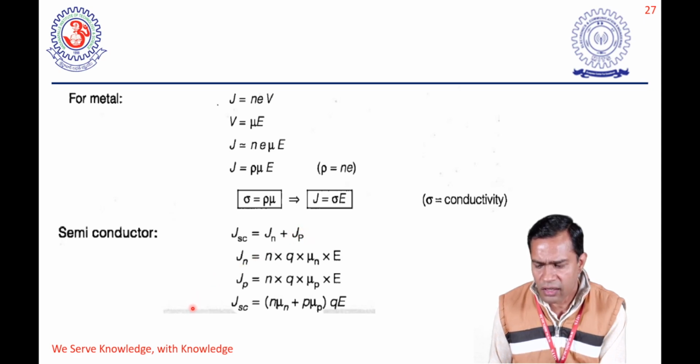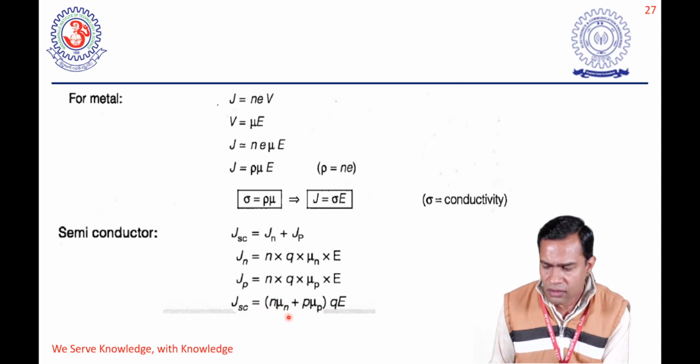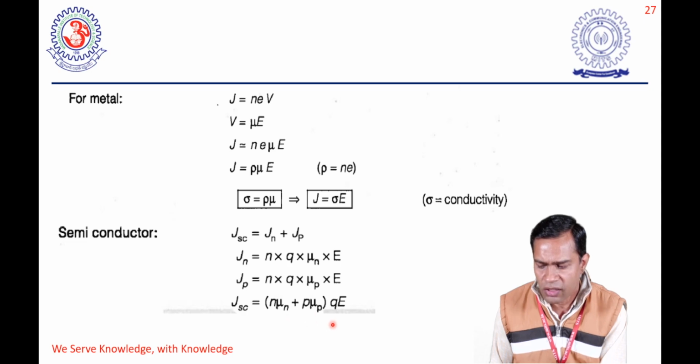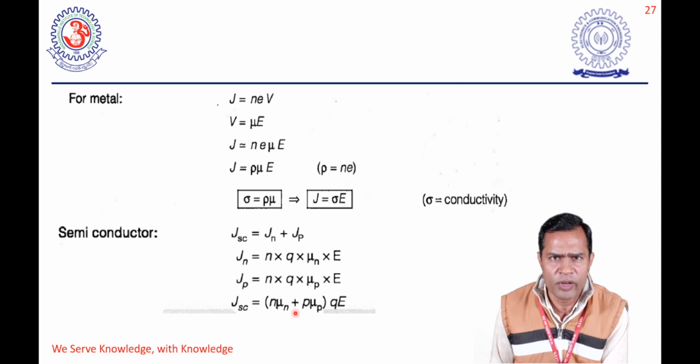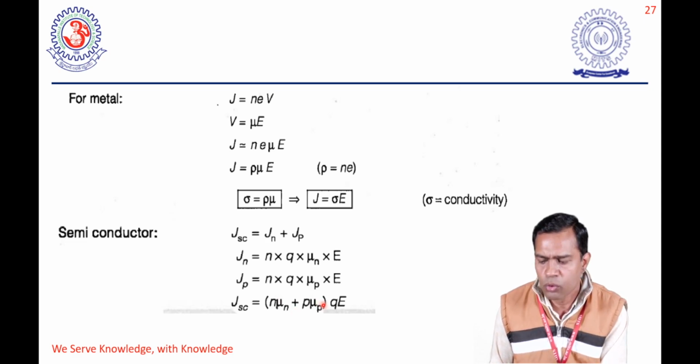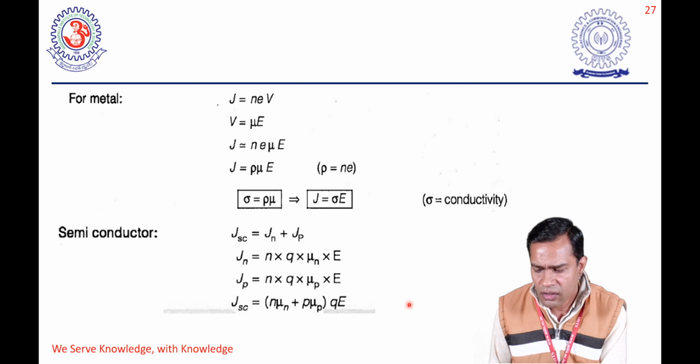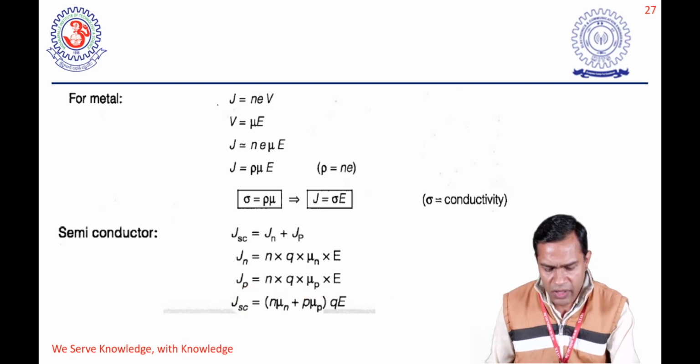The total current density is given by this very important formula: (n mu n plus p mu p) in brackets, multiplied by QE, where mu n is the mobility of electron and mu p is the mobility of the hole. Q is the charge and E is the electric field. This is a very important equation to find the drift current density in semiconductor.